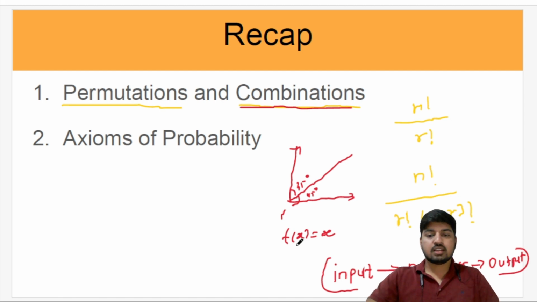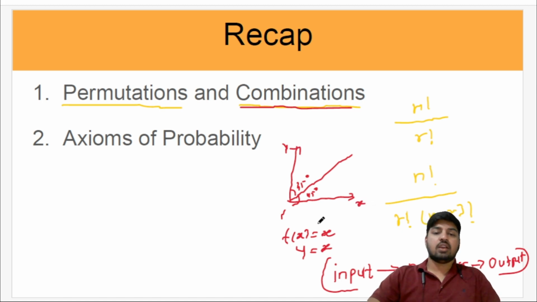F of x is nothing but y is equal to x, because here y is the dependent variable and x is the independent variable. In that case, it is directly proportionate. If x increases by 4, y also grows from 0 to 4. That is what we said about direct proportion.